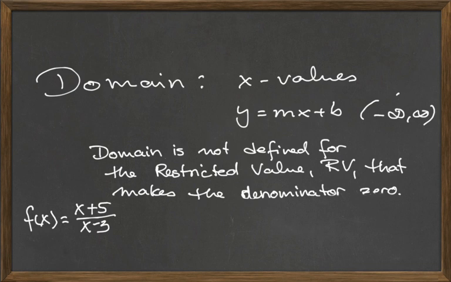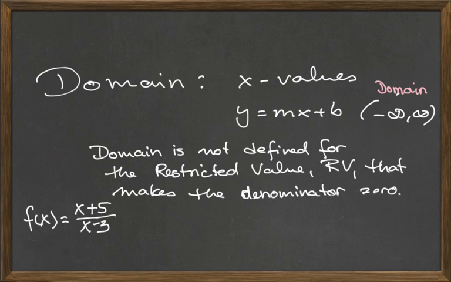A linear function like y equals mx plus b always has a domain of -infinity to infinity. That will never change. However, the domain of a rational function depends on the denominator only. Don't look in the numerator.